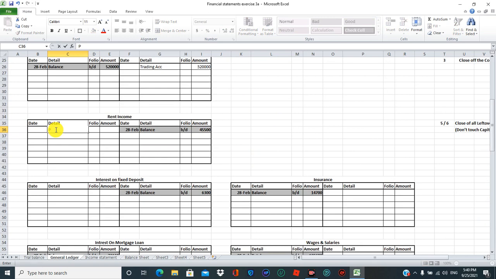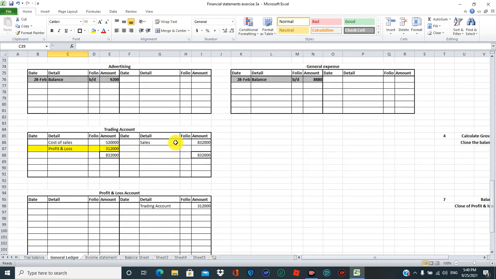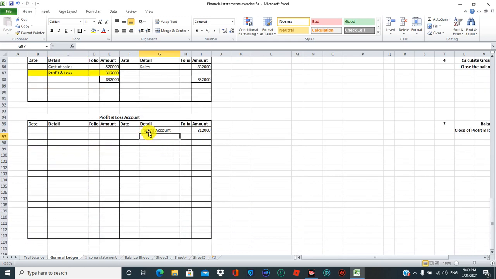I'm just going to do this. So profit and loss, just to shorten it a bit. Otherwise, I'm going to take forever. 45,500. 45,500, and now that goes to the profit and loss. So that's rent income. Okay, I'm just going to write in caps now.